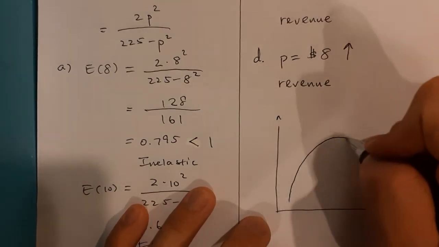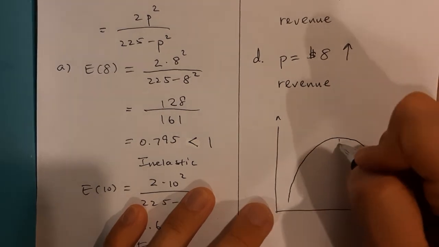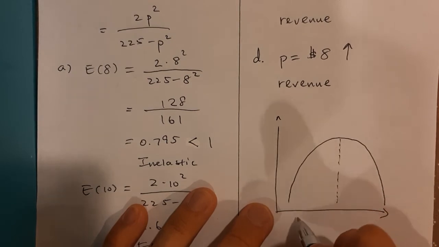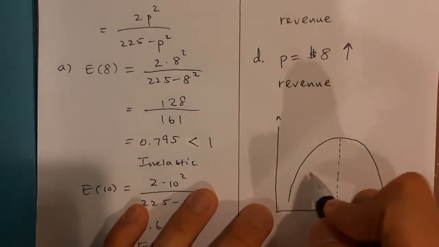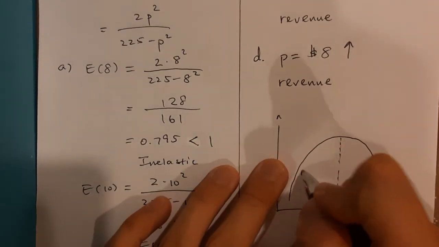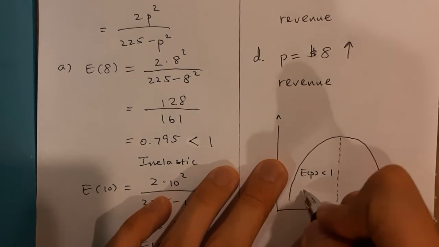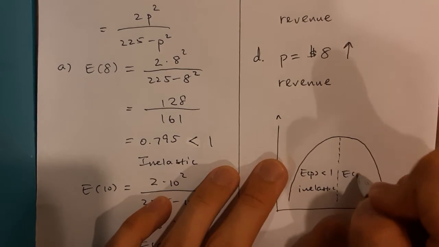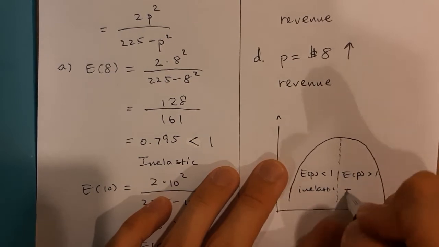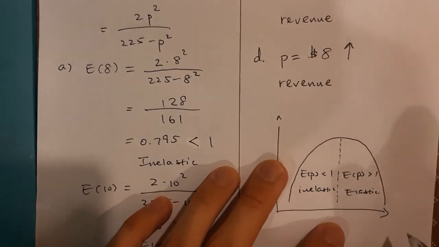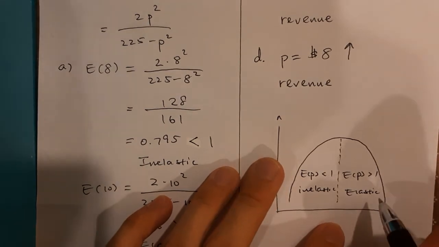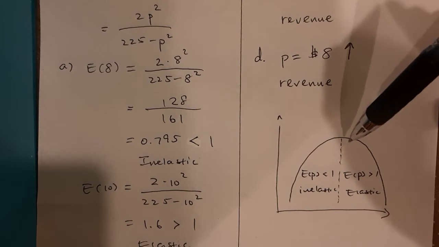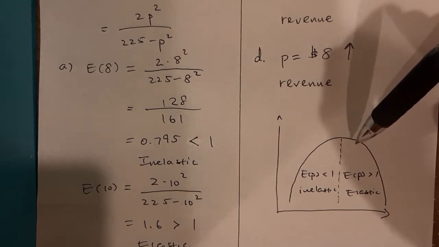It has a curve like this. And on the left side, it's when E of P is less than 1. So that's inelastic. And then on the right side, E of P is greater than 1. That's where it's elastic. Now, for P equals 10, that is on the elastic side.